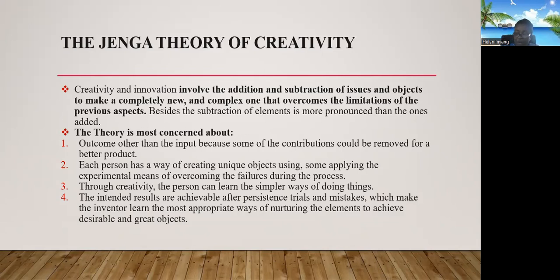The theory makes us understand that you can't succeed if you don't make mistakes, which make the inventor learn the most appropriate ways of nurturing the elements to achieve desirable and great objects. So, trials and error.